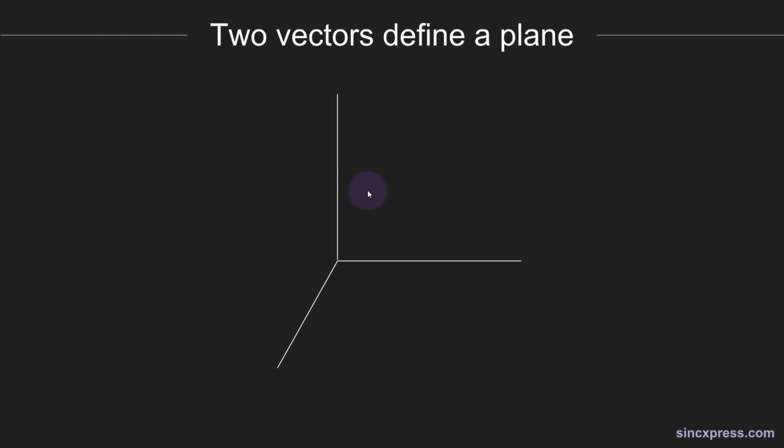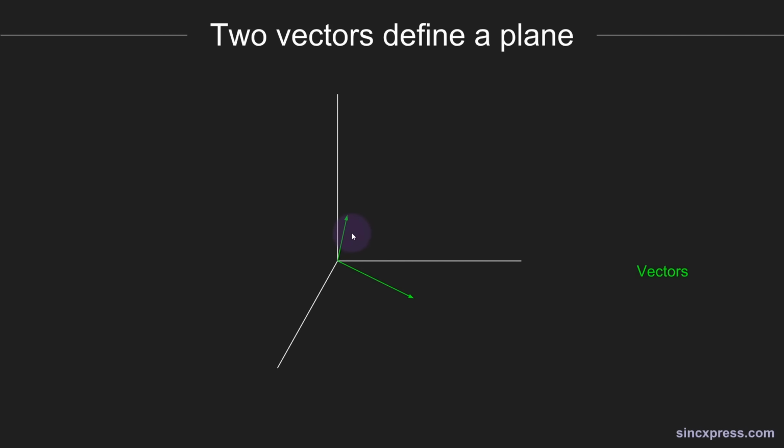Here I have a three-dimensional axis. So this is one axis, and this one you have to imagine is like sticking out of the monitor coming towards you. So if you have three-dimensional vectors, you can plot those as lines in this three-dimensional space.